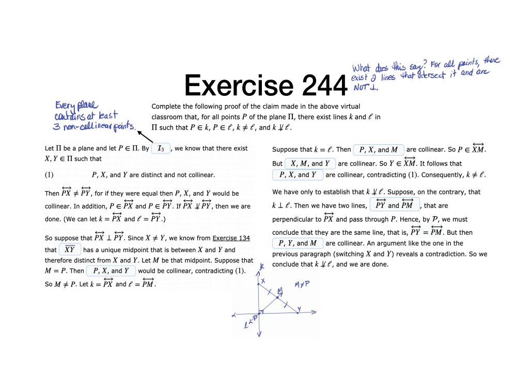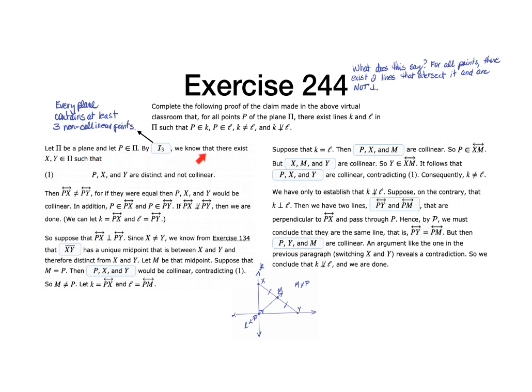So here's my proof. Again, all we're trying to show is that if I have a point, then I can make two lines intersect it and they're not perpendicular. Let's start here. Let pi be a plane and let P be a point in pi.